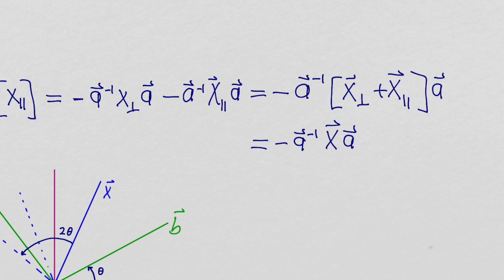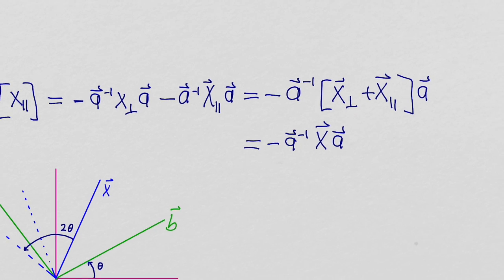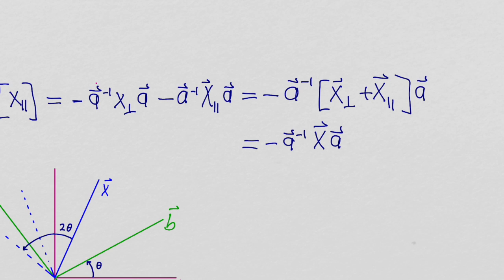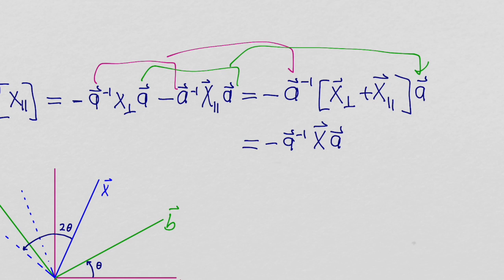Then X perpendicular and X parallel get summed together, and we pull the A inverses on the left to the left, and we pull the A's to the right.